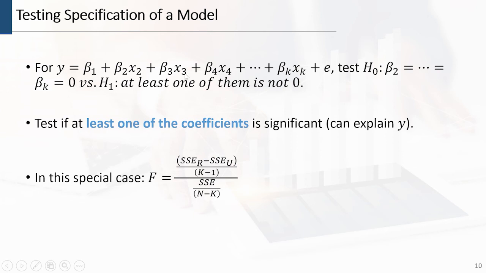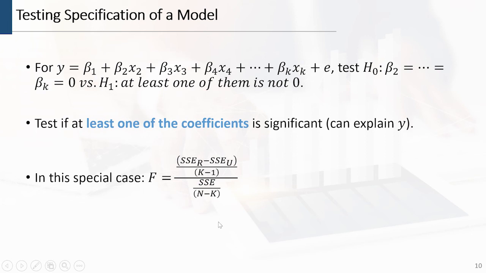So if you want to test the specification or the significance of the whole model, then the null hypothesis is that all the coefficients are 0, where the alternative is that at least one of your coefficients is not 0. So this is a test to see whether at least one of your x makes sense, or at least your model makes a little bit of sense.